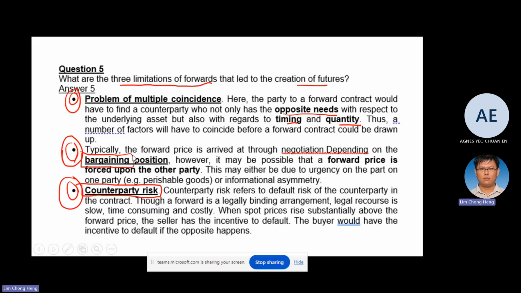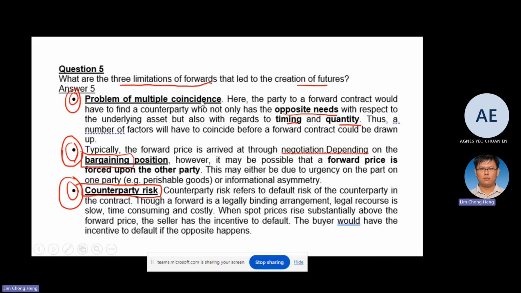Simple. Okay, and then why did people develop the option contract? Because forward and future have a limitation: unlimited loss. In forward and future, both parties, buyer and seller, have the obligation, so it's unlimited loss.